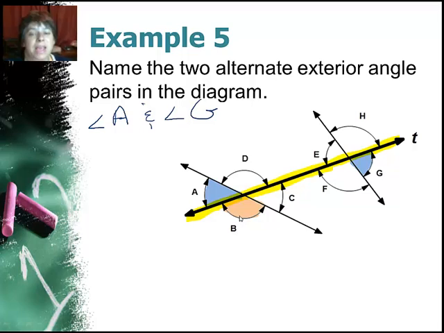Then if I look at angle B, which is also on the outside, then I switch to angle H. Notice how B is below and on the outside, H is above and on the outside. They should never be right next to each other. They will always be alternating across that. They should always be crossing that space.